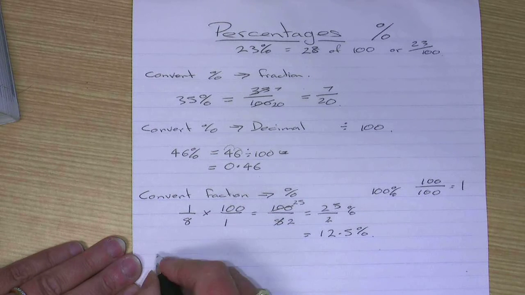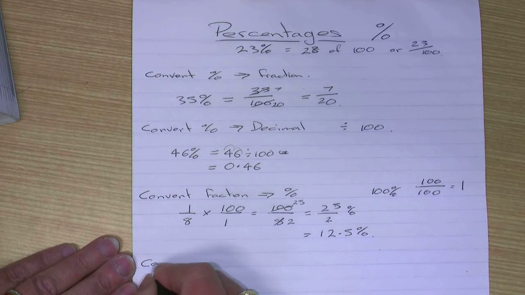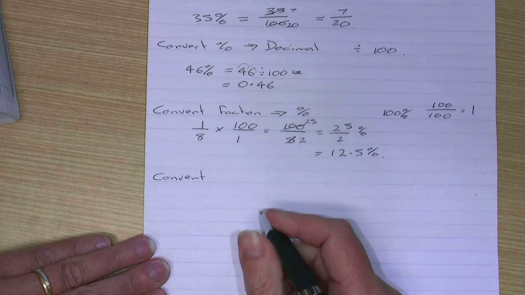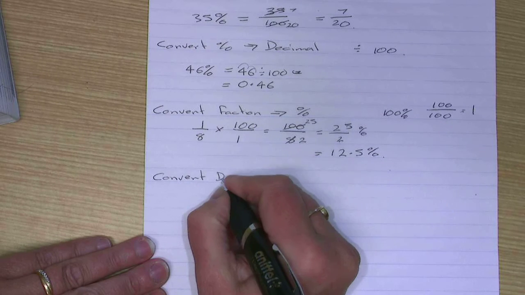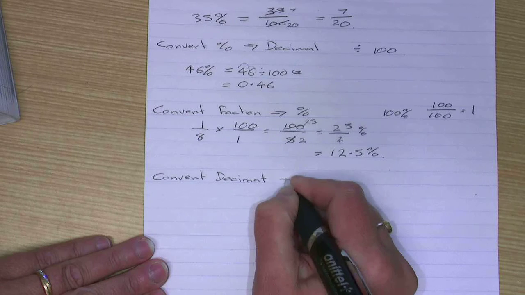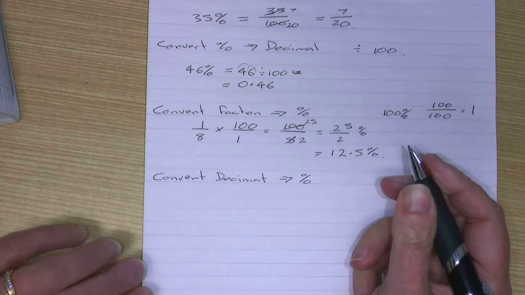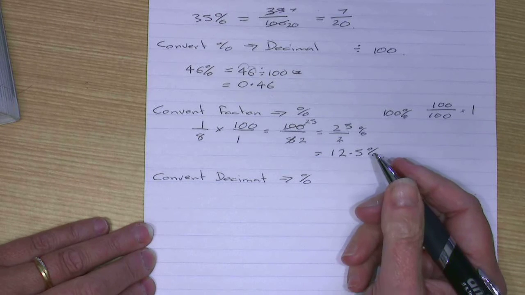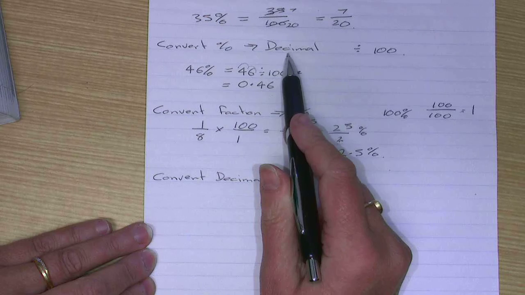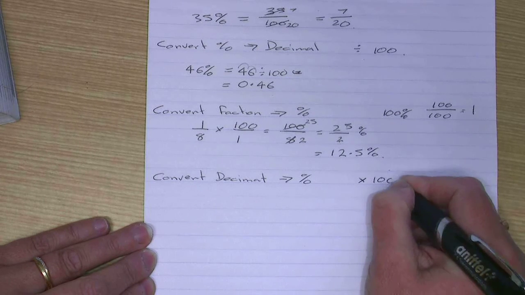Now if we want to convert a decimal to a percentage, remember we get from a percent to a decimal by dividing by 100, so this time we're going to multiply by 100.